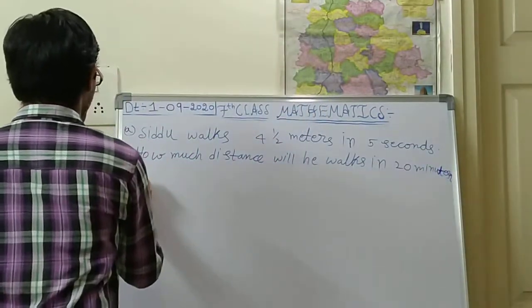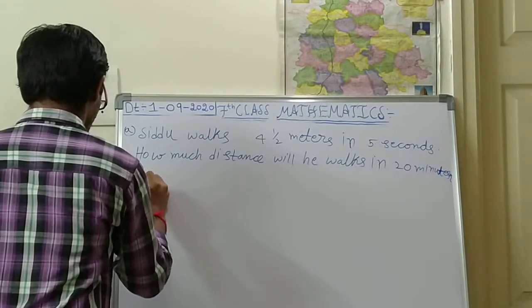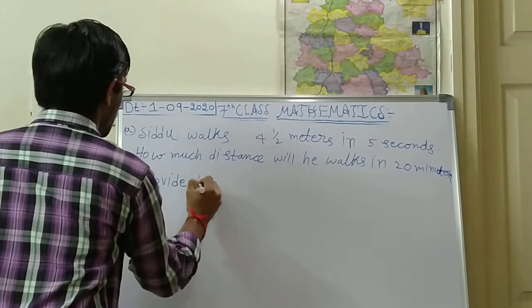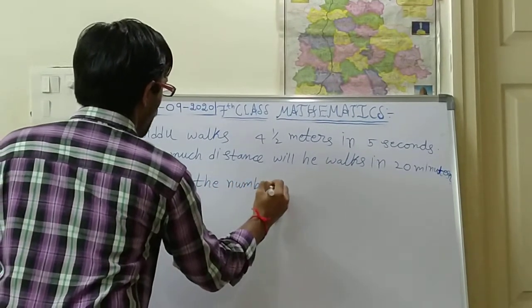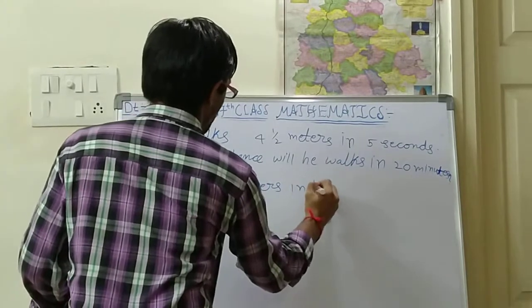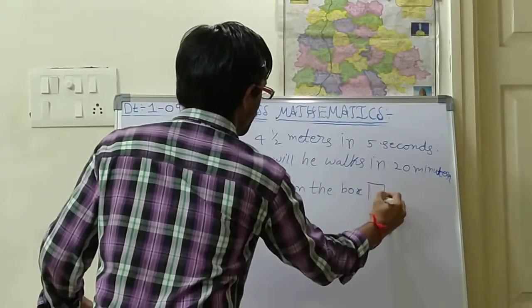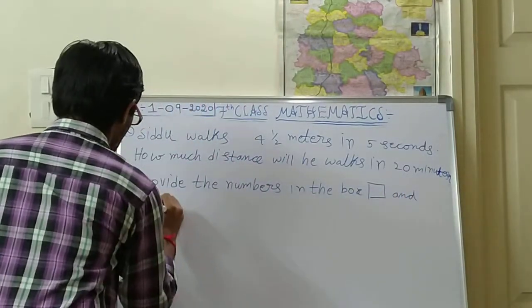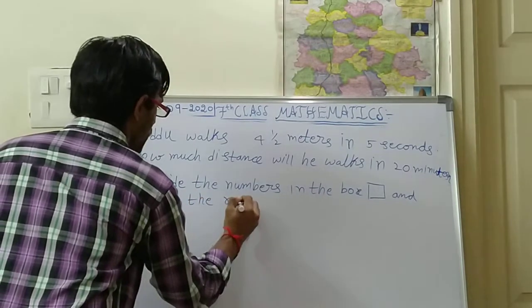Next, B question. Provide the numbers in the box, and check the result.